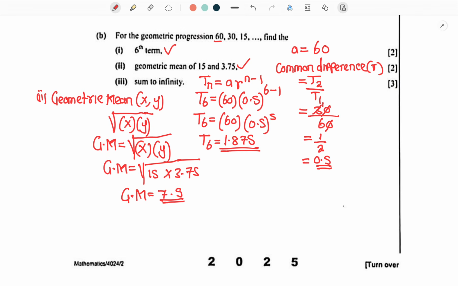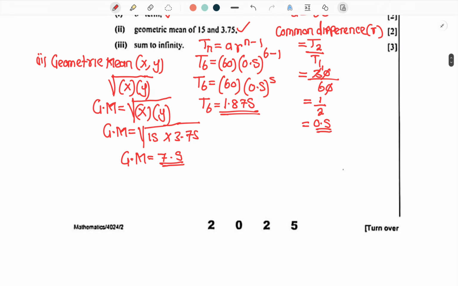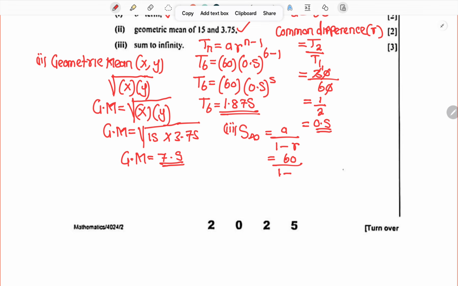We come to the third question. Now the third question was saying we find the sum to infinity. So sum to infinity of a geometric progression is actually given by the formula a over 1 minus the common ratio. So in this case, the first term was actually 60 over 1 minus, what is our common ratio?